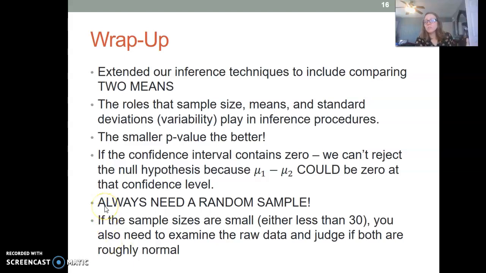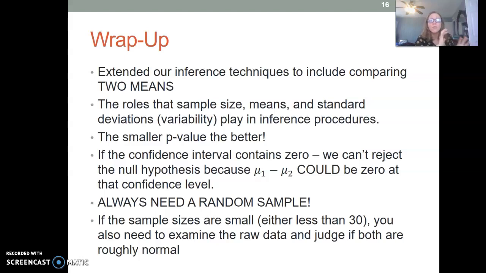Also, in order to do any of this, you always need a random sample or random assignment into groups. That's one of our technical conditions. The other thing we always need is either that the sample sizes are large enough, like bigger than 30, or, if the sample sizes are small, we have to look at the raw data and judge whether our data is roughly normal.